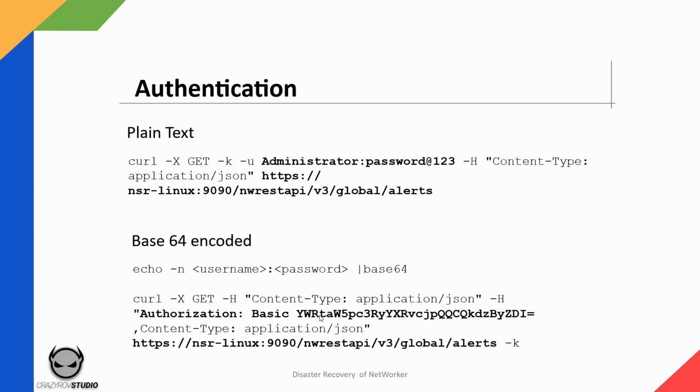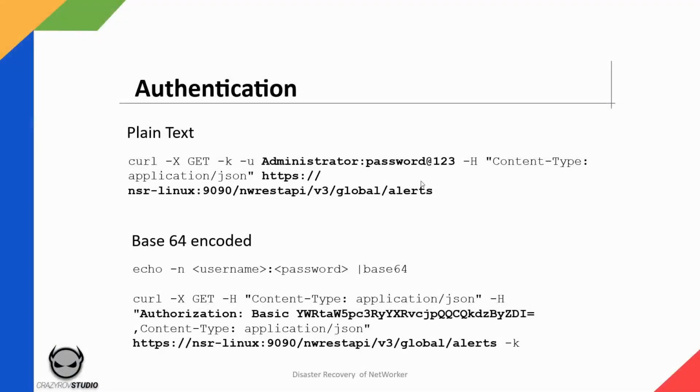This string is nothing but the combined user and password, that is basically this entire string here, which is encoded in base64. Here you see an example of such a request, and this is something that we will be using in most of our examples.